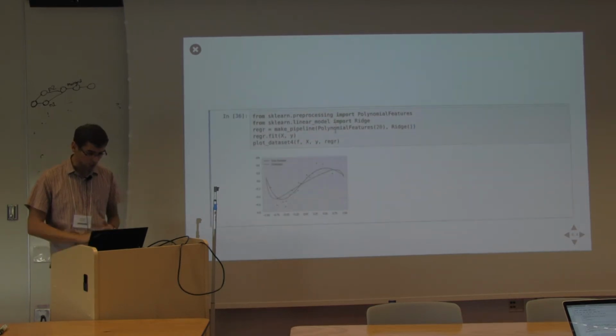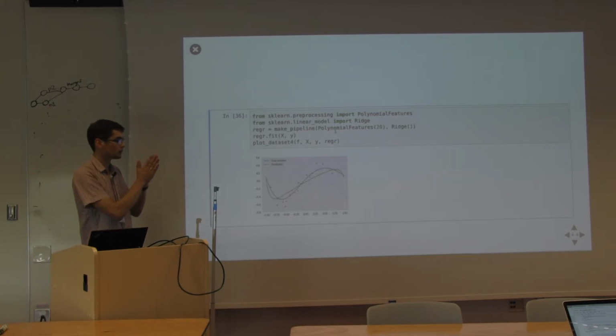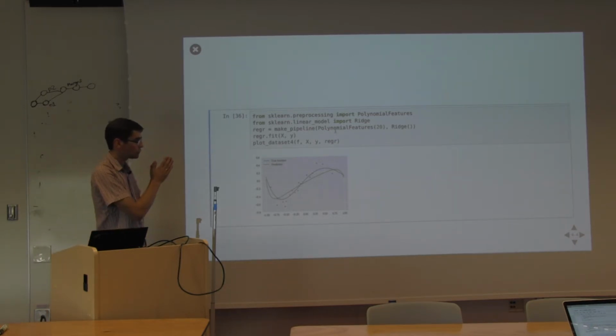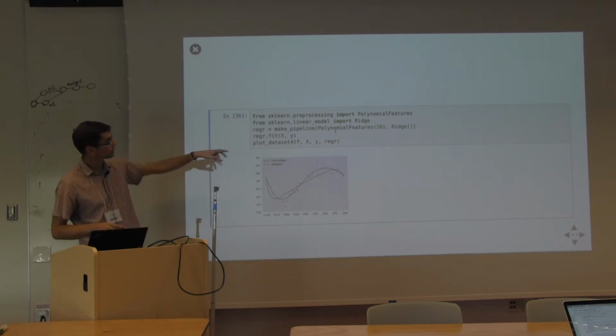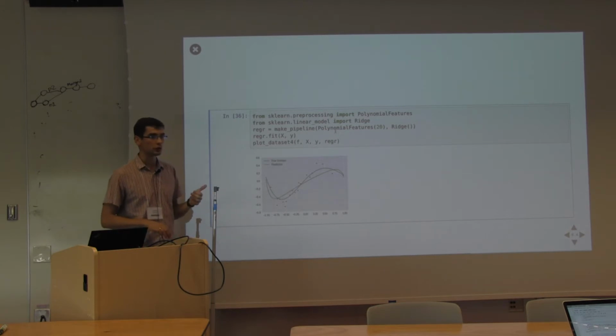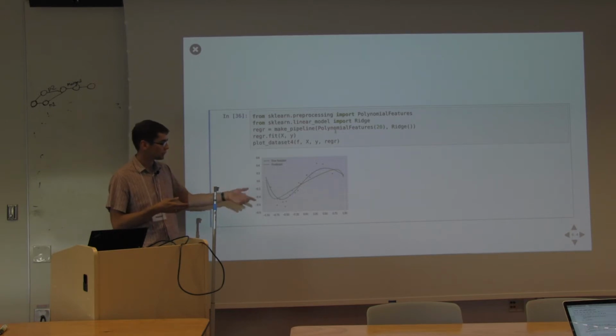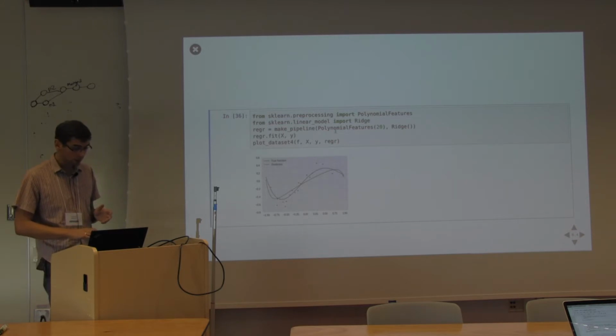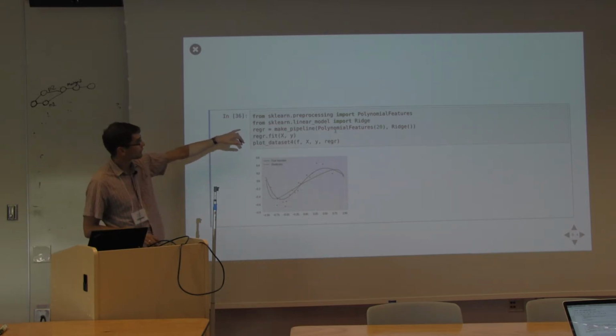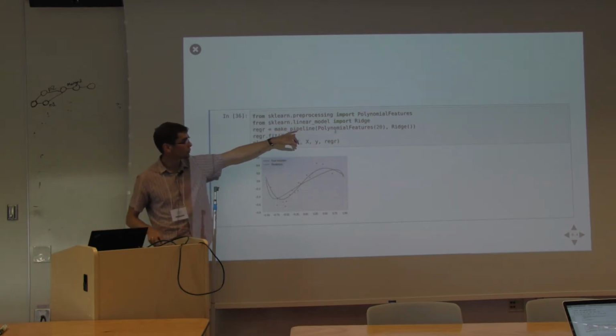So it's polynomial features. I use my one original feature to generate 20 features. So x to the power of 1, x to the power of 2, etc., up to x to the power of 20. So it's a kind of polynomial. So I'd like to fit a polynomial function to my data. And as the fitting model, I use ridge regression.